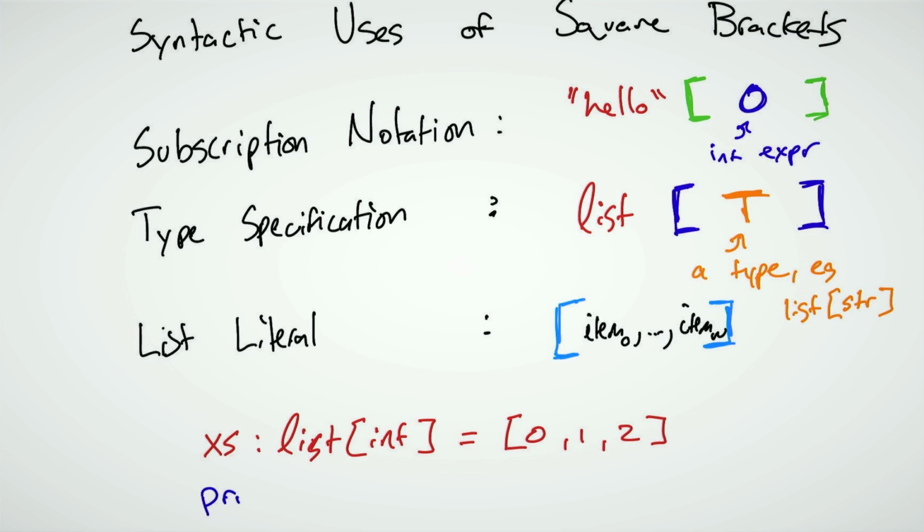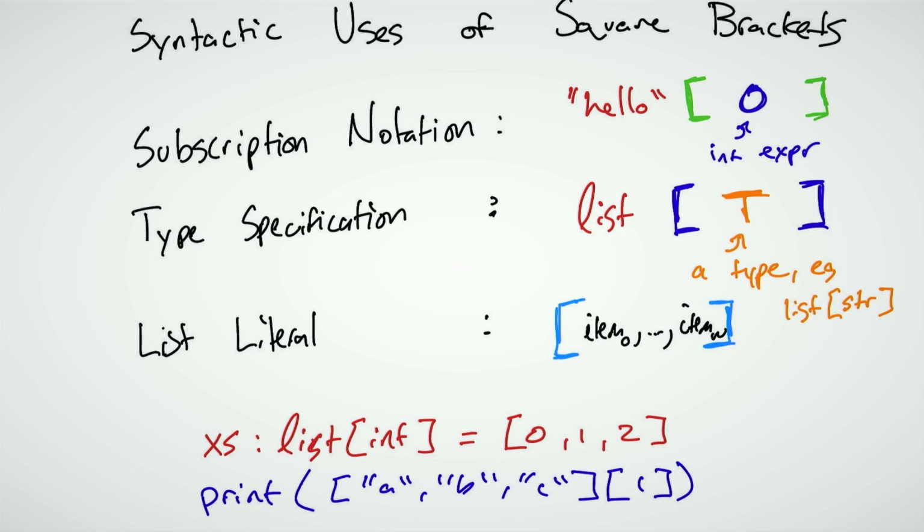We could also do something like print and then have a list literal, let me use A, B, and C. So you can have a list literal like this, that's a string list. And we could use index, say, 1 here.